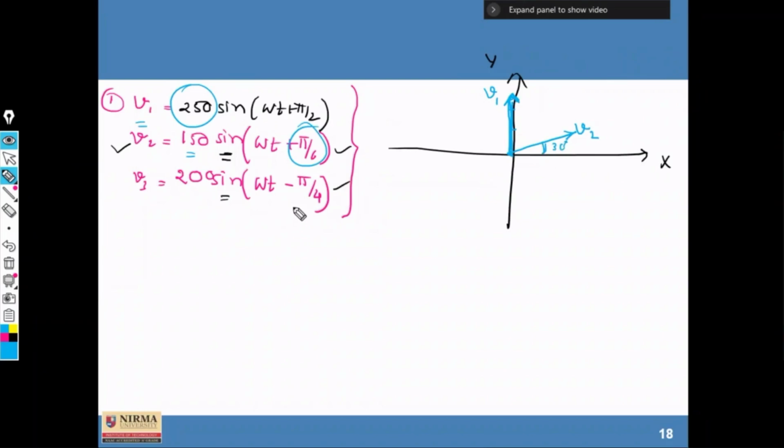And similarly, V3 you may represent with omega t plus 315 degree, or you can represent it as minus 45 degree. So this is your 315 degree, another vector of 200 called the V3 vector, fine.